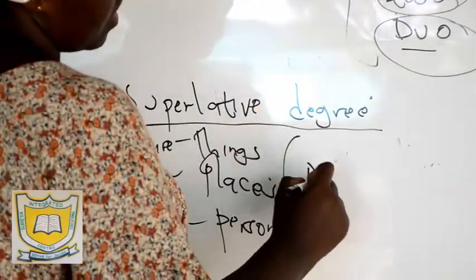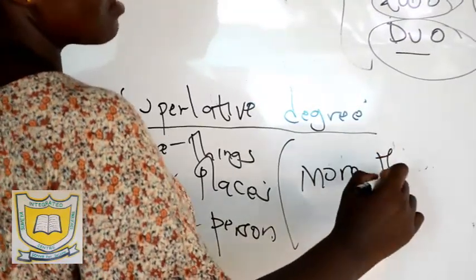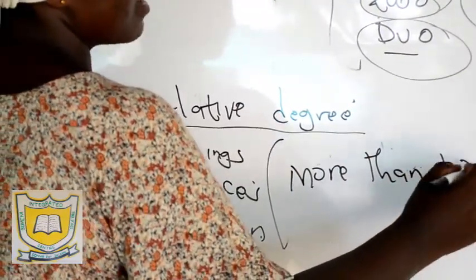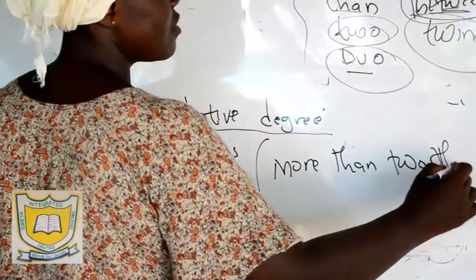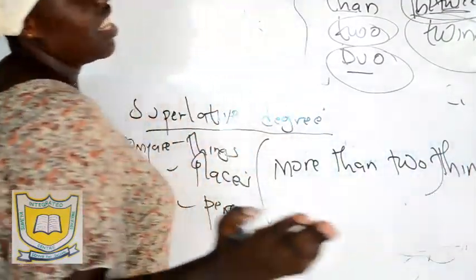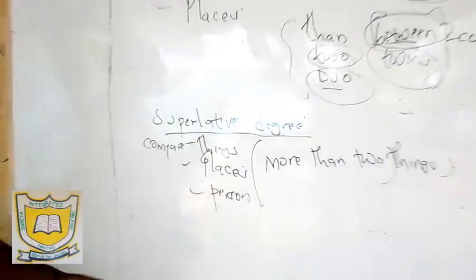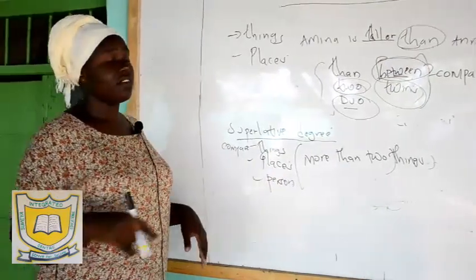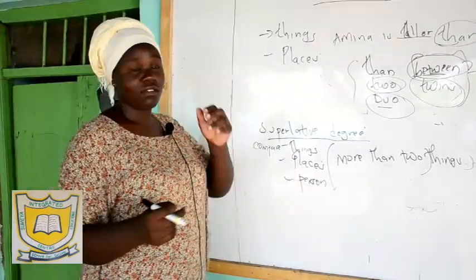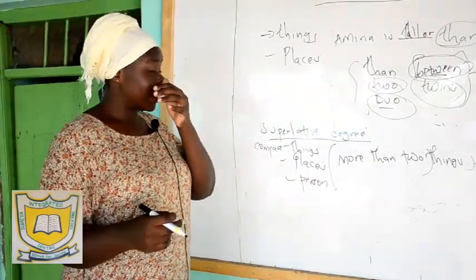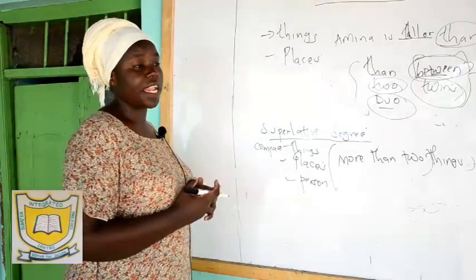If I say more than two things, what does that mean? They can be three, they can be 10, they can be 1,000, they can be 40 million, whatever. So long as they are more than what? More than 2, then we are going to use the superlative degree of an adjective.